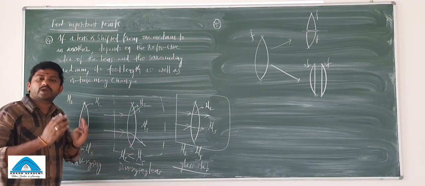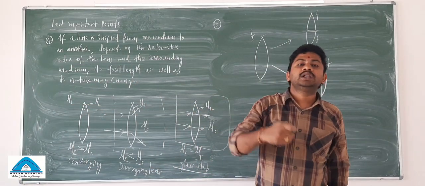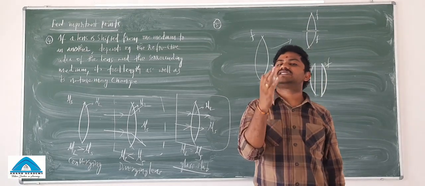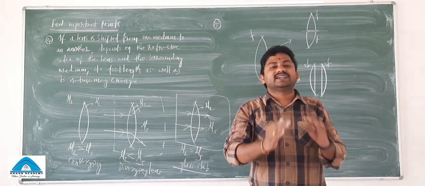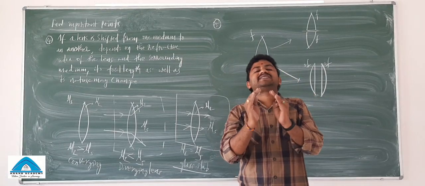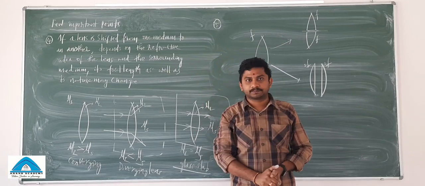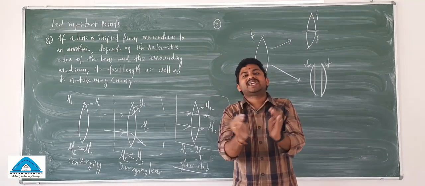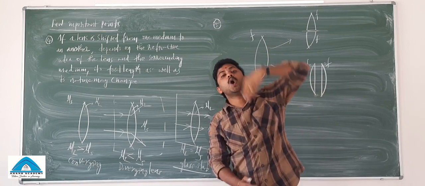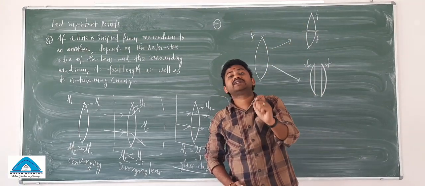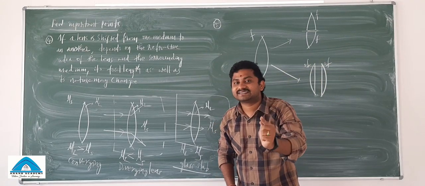The same situations are valid for your general diverging lens, that is, the concave lens. In general, when a concave lens is kept in air, it will behave with a diverging nature. If you keep the same concave lens in a medium whose refractive index is more than the refractive index of the lens, it will behave as a converging lens.